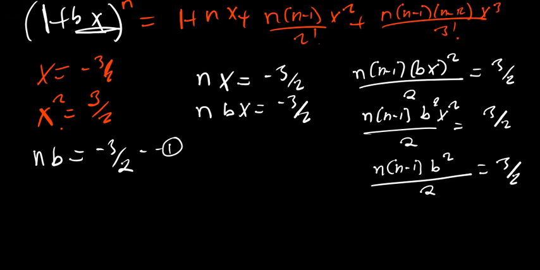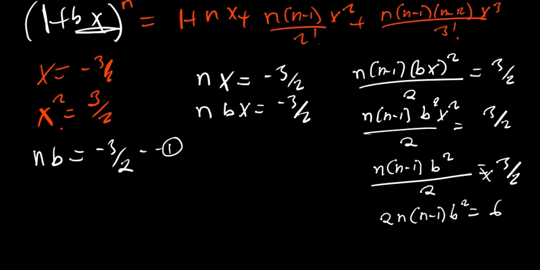When you reach this point, if you want, you can cross multiply and make one equation. If I cross multiply here, we end up with 2n open brackets n minus 1, then b squared is equal to 2 times 3, which is 6. At this point I can again divide both sides by 2.